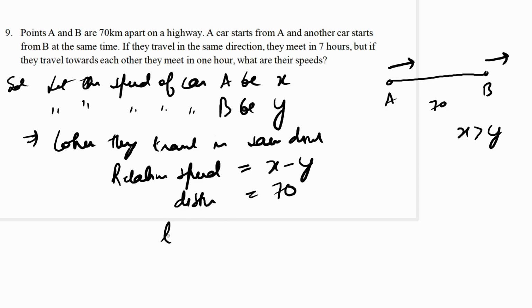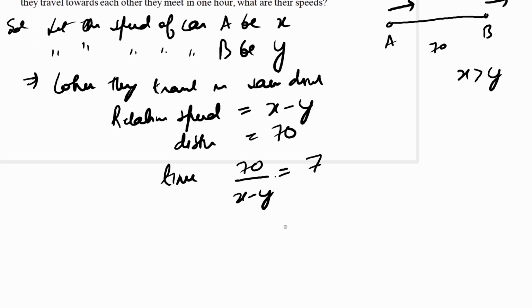So time will be distance, that is 70, upon speed, that is x minus y. And how much is that? 7. Okay, so this will become 10 is equal to x minus y. This will become equation 1.